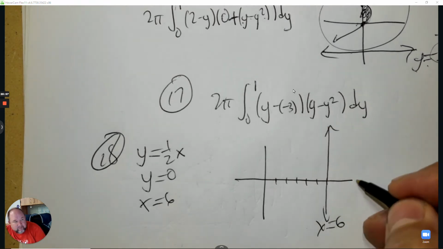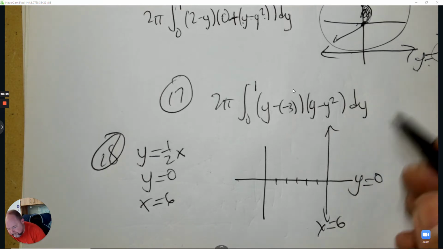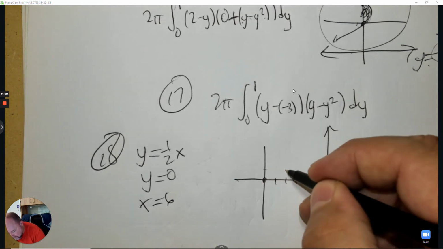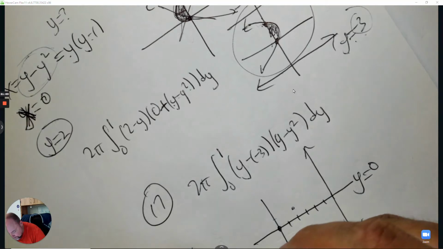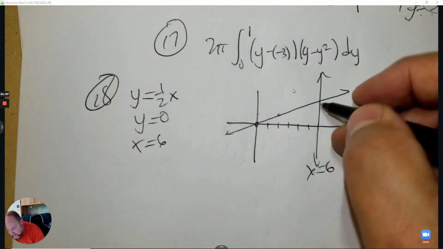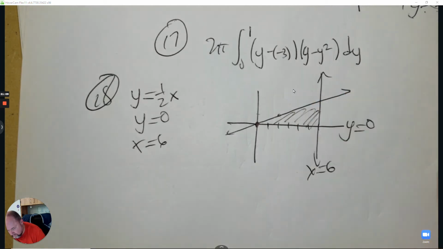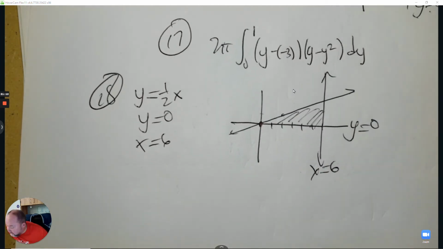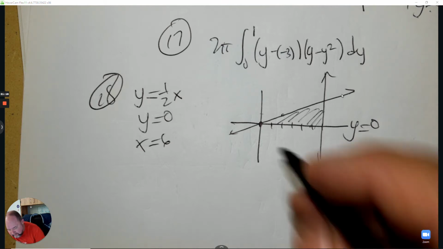That's x equals 6. This is y equals 0. And then 1/2 means I go up 1 and over 2. And it says first I'm revolving about the line y equals -2, which is down here.